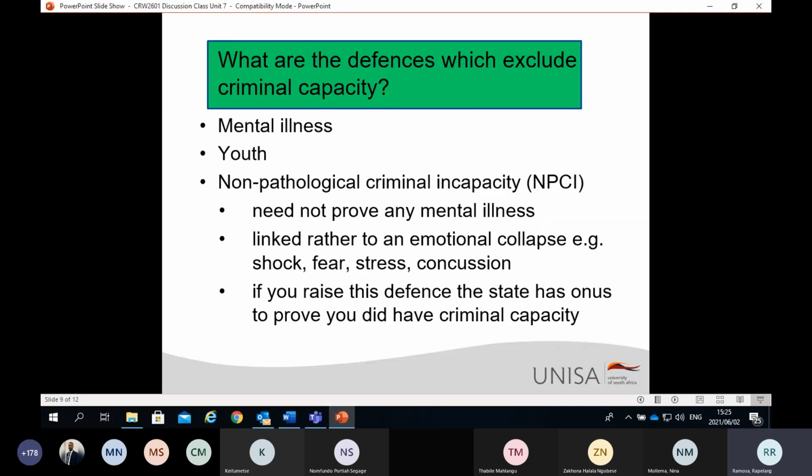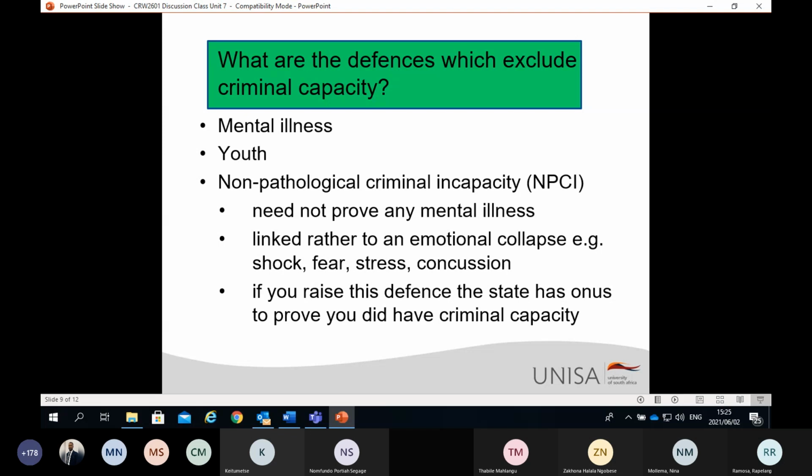Coming back now to the defenses that exclude criminal capacity. We are now on page 106 of your guide. You will see a beautiful diagrammatic illustration of the defenses that exclude criminal capacity.